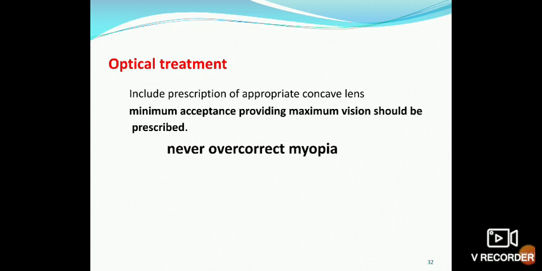There is excessive convergence of incoming light rays. So our aim is to diverge these incoming light rays to focus on the light sensitive part of the retina. So what we do is put a diverging lens, in the form of spectacles or contact lens, in front of the eye so as to diverge these rays slightly and focus them on the light sensitive part of the retina.